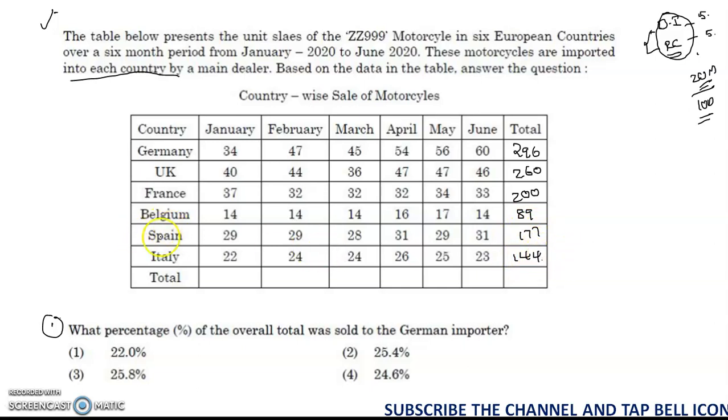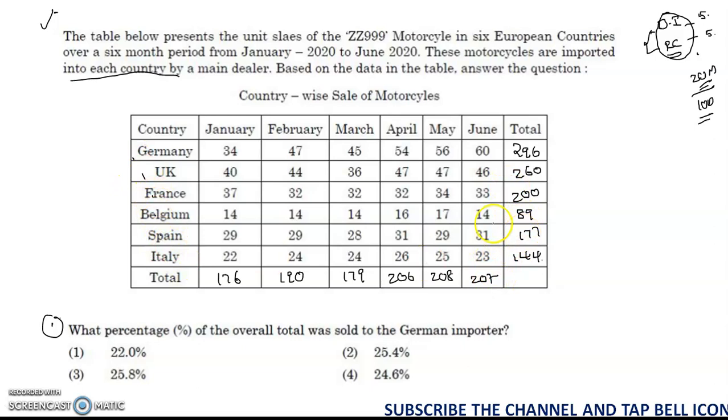Coming to the month of January, the total number of imports is 176, and in February 190, in March 179, in April 206, in May 208, and in the month of June, total from all 6 countries, it is 207.